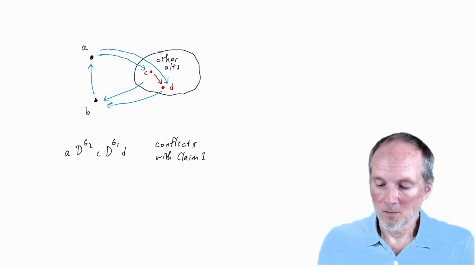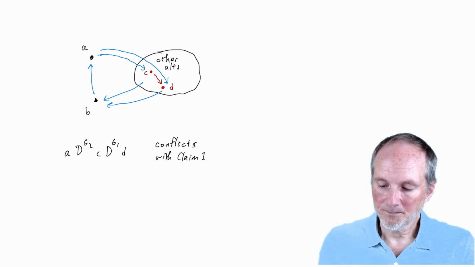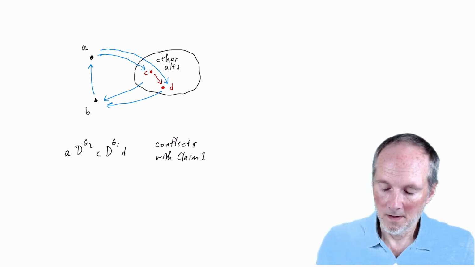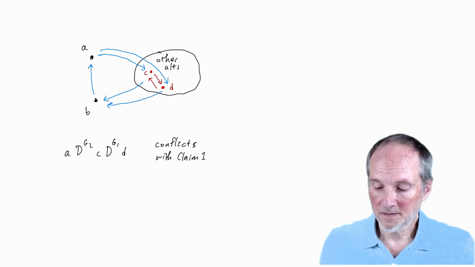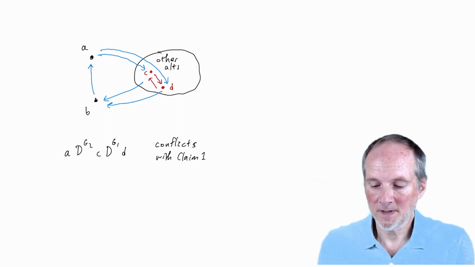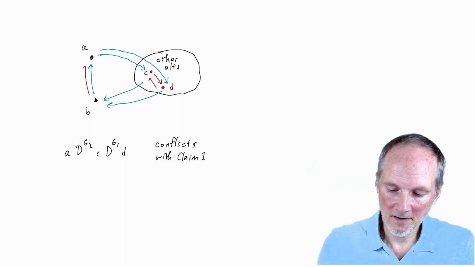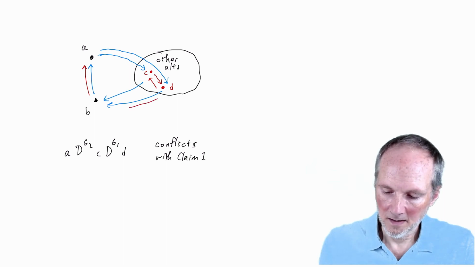So what we see is that the decisiveness relation for G1 can't have any arcs between these other alternatives. It can't have any arcs going with the blue arcs or against them.